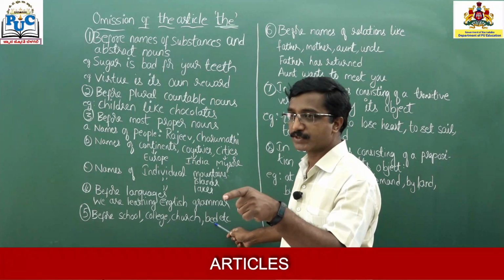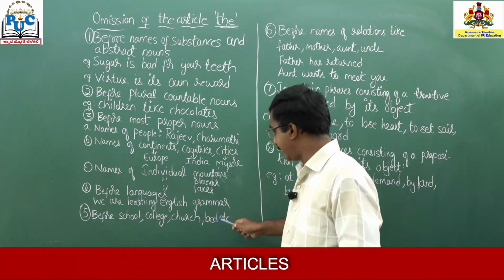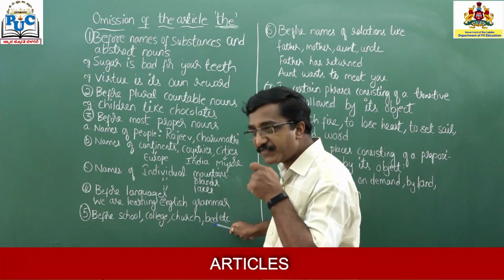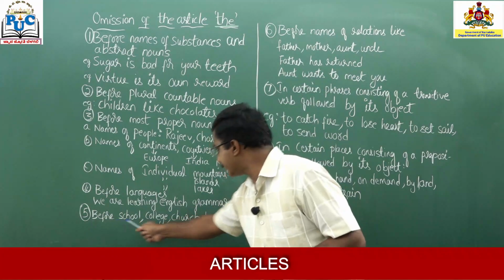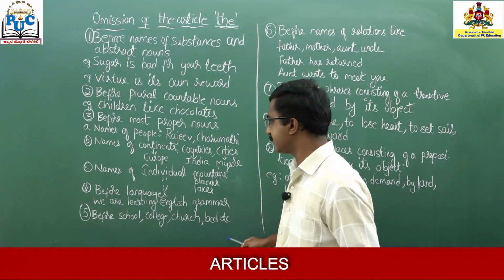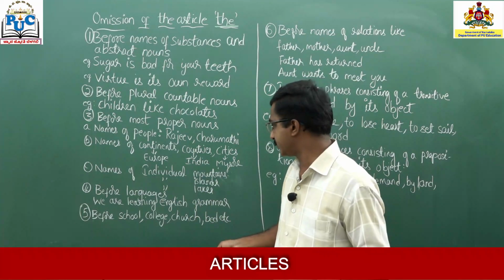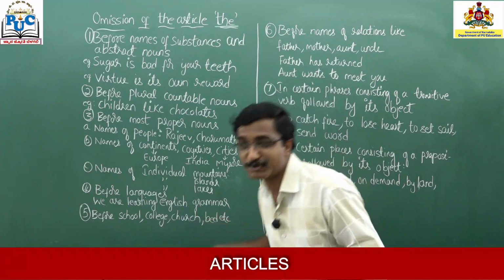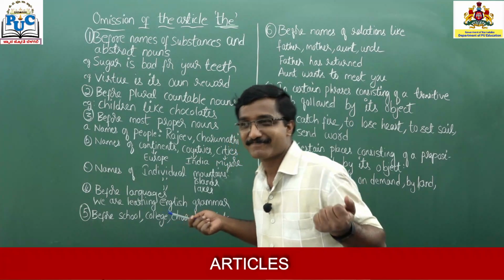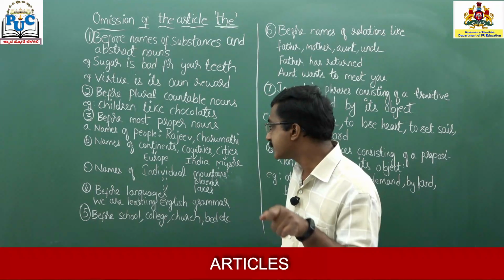Again, note, you can use "the" when you are referring to it for a different purpose. When you refer to these things for a primary purpose, I go to school. Why do you go to school? To study. Why do you go to college? To study. Why do you go to church? To pray. Why do you go to bed? To sleep. If you are using it in a different sense, then you can use "the".